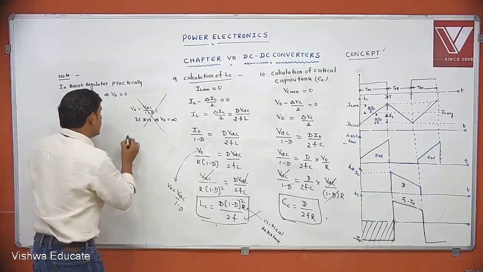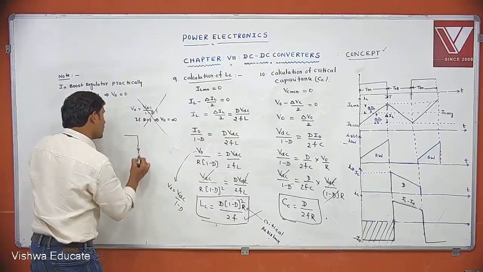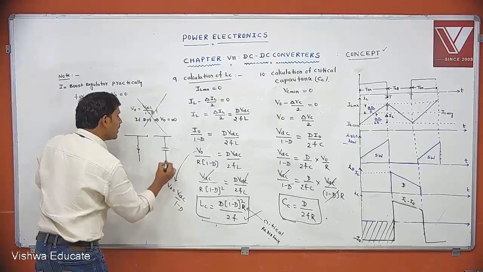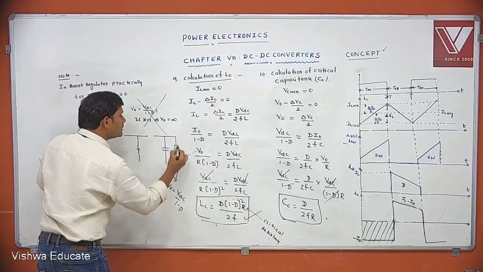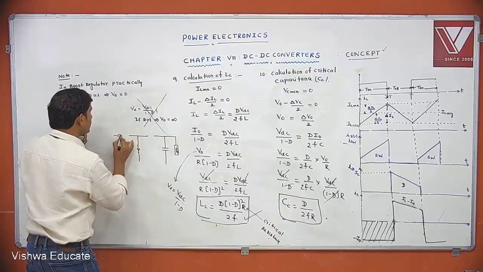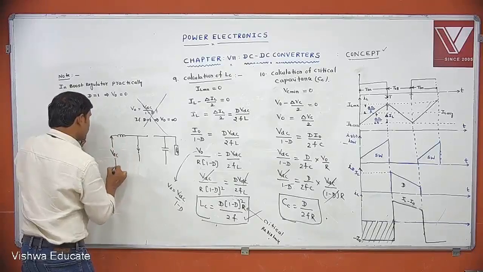We know that in the boost regulator, if the switch is in on state, the diode is in off state. Now this is the capacitor, this is the load and this one is the inductor. This is the equivalent circuit during the switch on state.